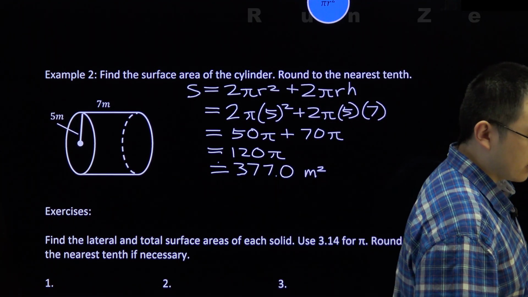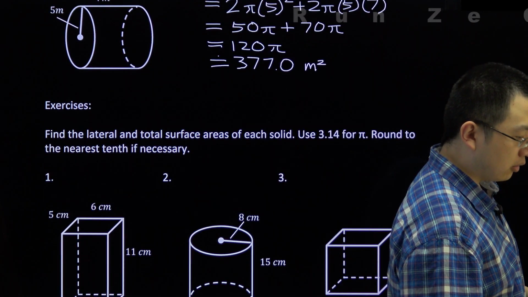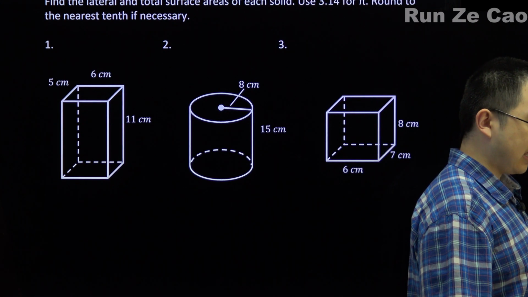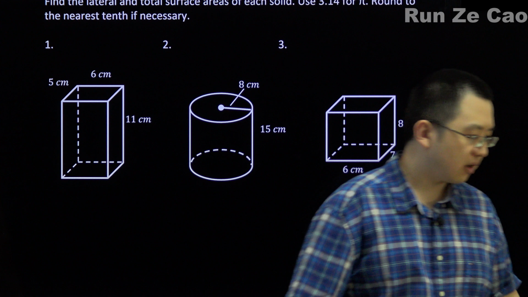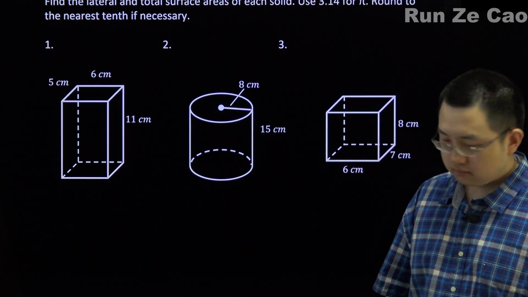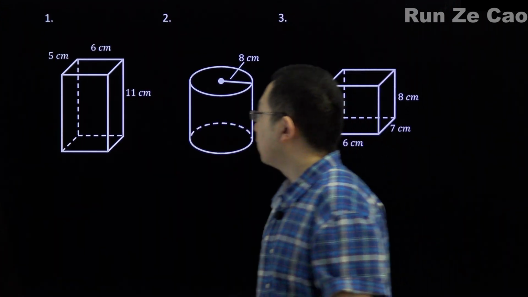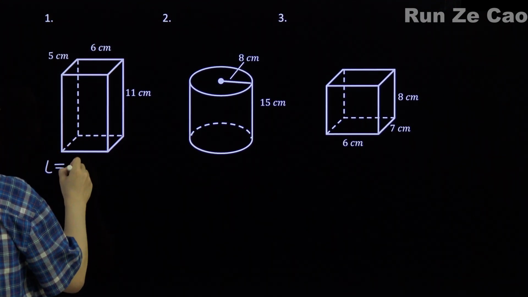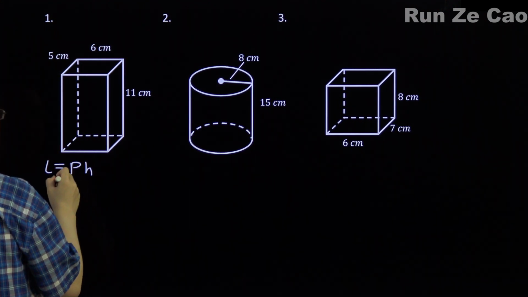Okay, let's do some exercises. Find the lateral and total surface areas of each solid. Use 3.14 for pi and round to the nearest tenth if necessary. Okay then. Lateral is equal to perimeter of base times height.